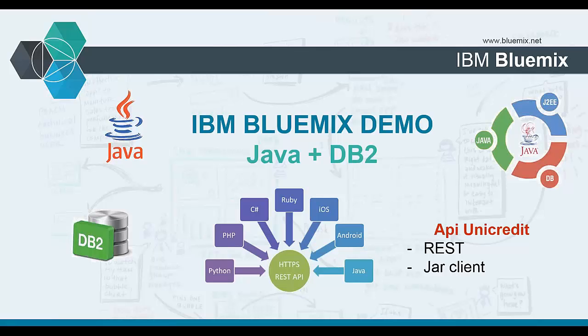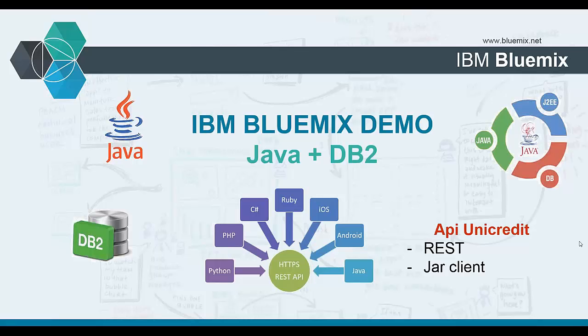So this is a quick overview of the technology that I will show you. Java plus DB2, and all the services that are hosted on Bluemix are accessible via REST API.